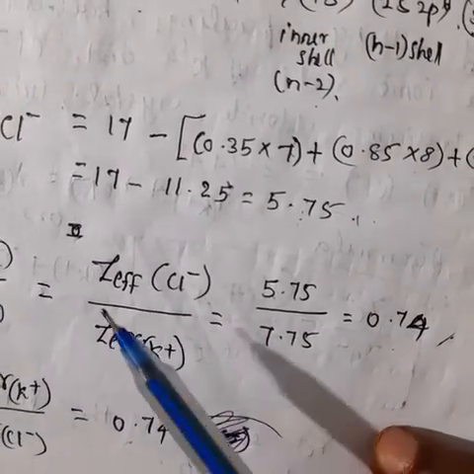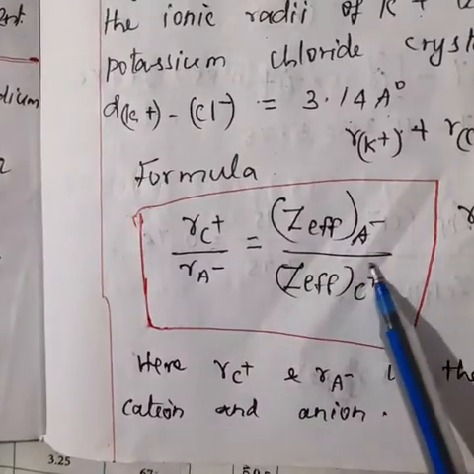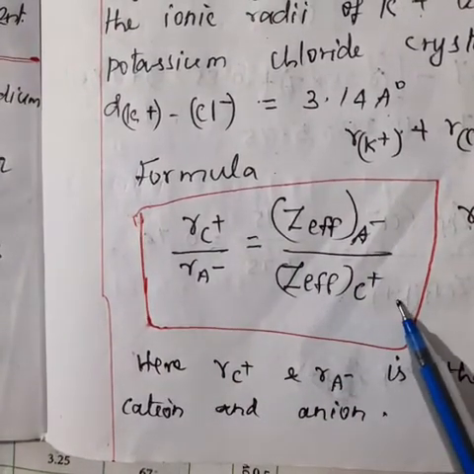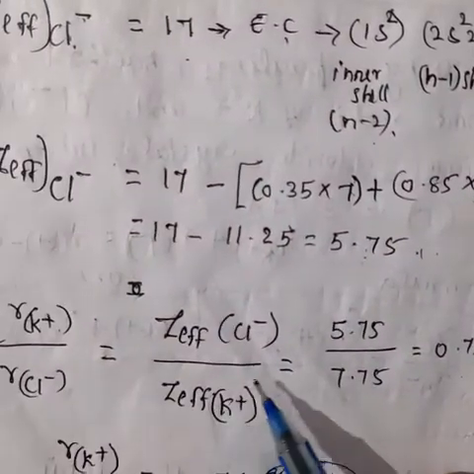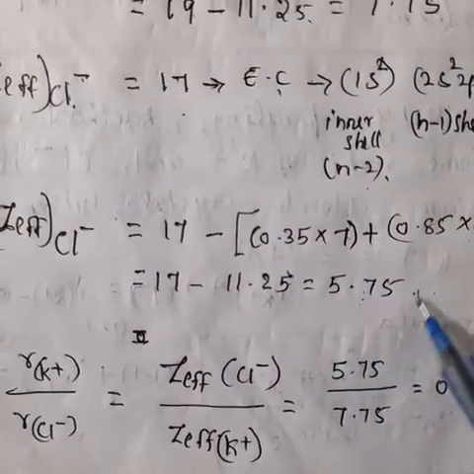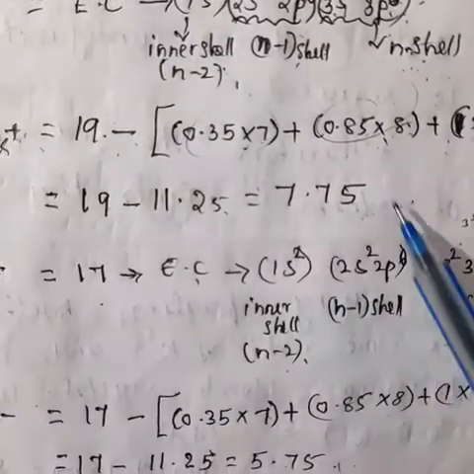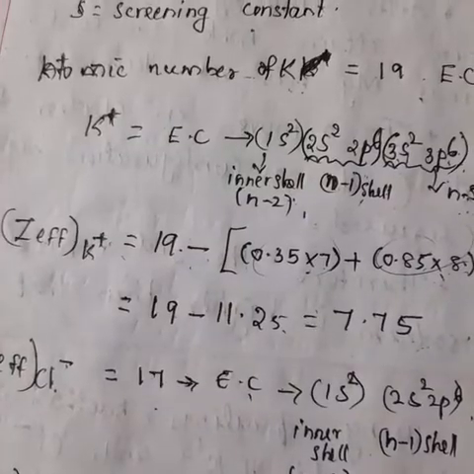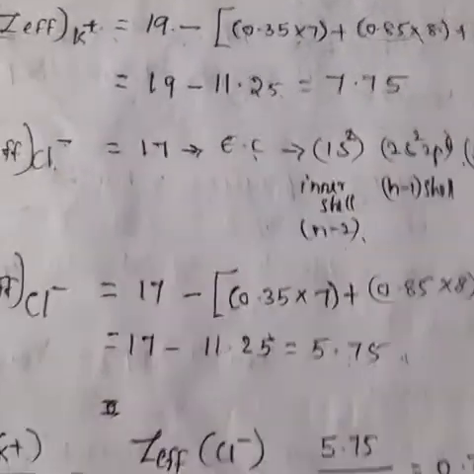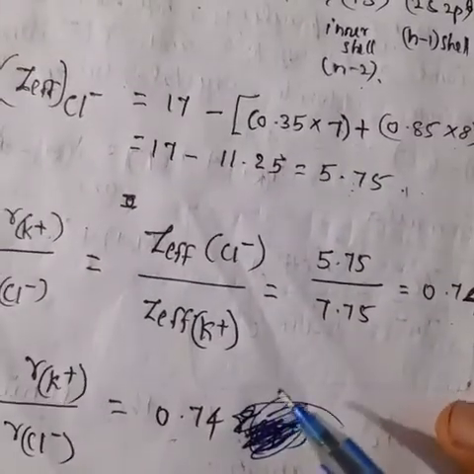So R K plus by R Cl minus is equal to, what is the formula? R K plus by R Cl minus is equal to Zeff of Cl minus by Zeff of K plus. What is the value for Zeff of Cl minus? 5.75, and for K plus, 7.75. By dividing these two values we get 0.74. So here R K plus by R Cl minus is equal to 0.74.